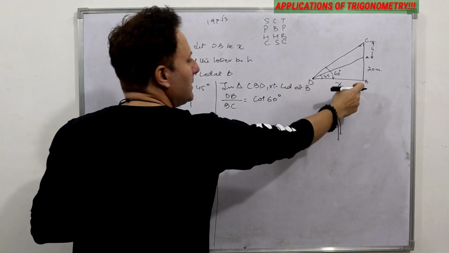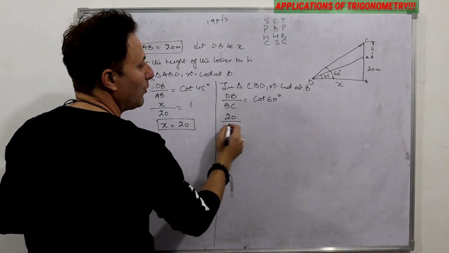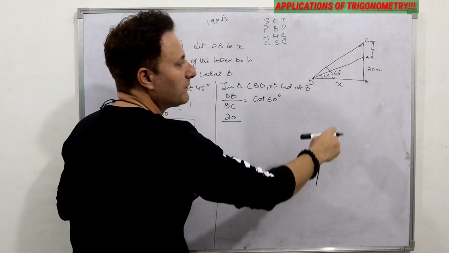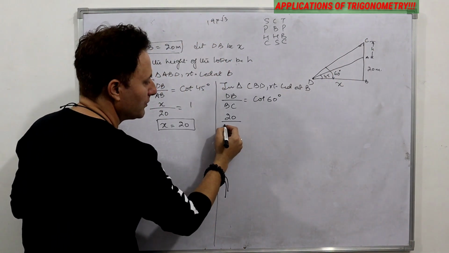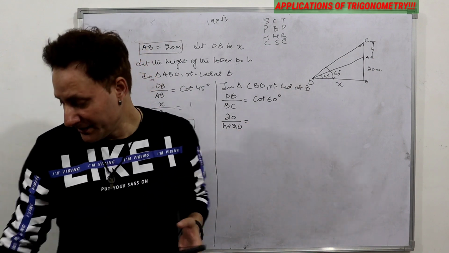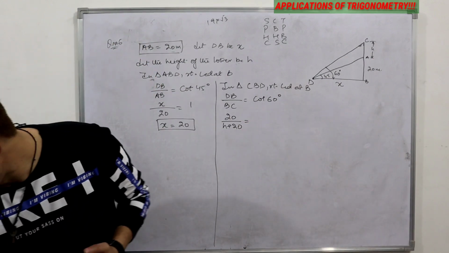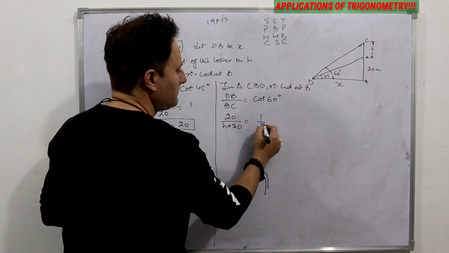DB is x, and we have got the value of x, that is 20, upon BC. If you look carefully, BC is h plus 20. So we'll write h plus 20 is equal to cot 60, which is 1 upon root 3. Is that correct? Yes, 1 upon root 3.